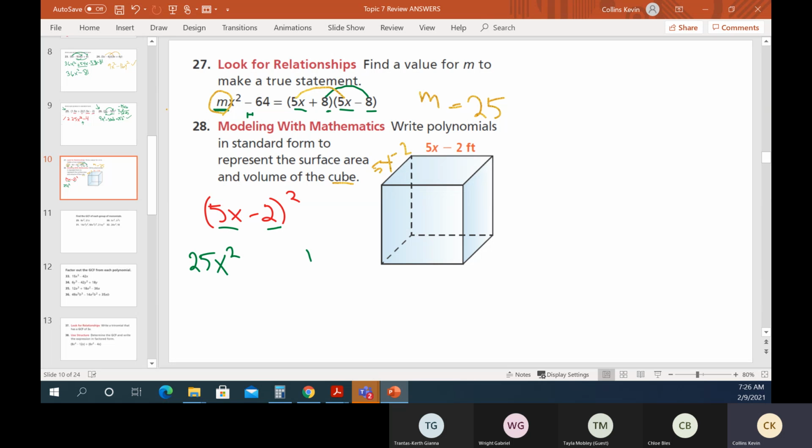We square that. That's always going to give us a plus, so it's plus 4. Okay? Then we multiply these two guys together. So 5x times minus 2 is minus 10x. Now remember, that's going to happen twice. It's going to happen going this way. It's also going to happen going this way, right? So minus 10 and minus 10 is going to be minus 20, and then x. Okay?